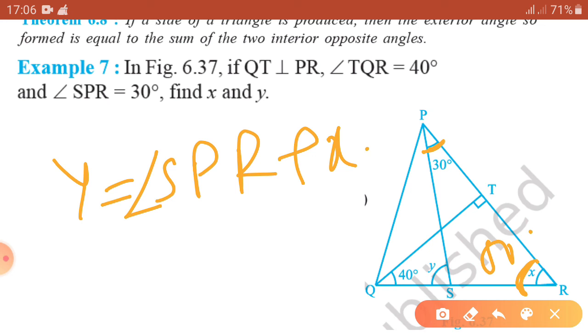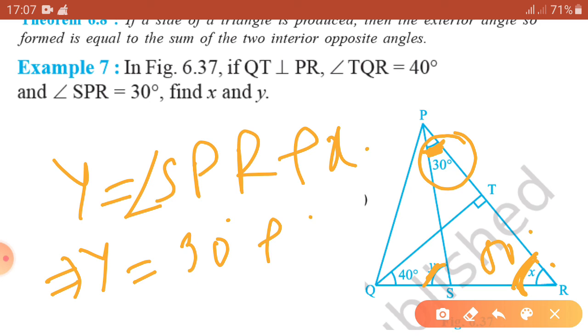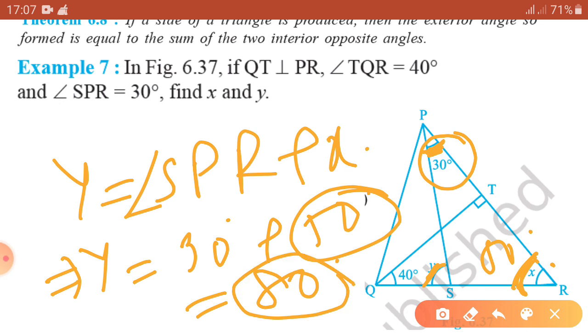We have already learned that for a triangle the exterior angle is equal to the sum of the opposite interior angles. So angle Y equals angle SPR, that is 30 degrees, and angle PRS, that is X, 50 degrees. So we got Y equal to 80 degrees. The value of X is 50 and the value of Y is 80 degrees.